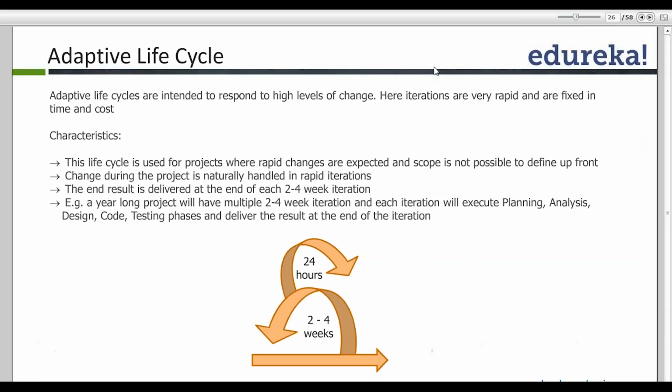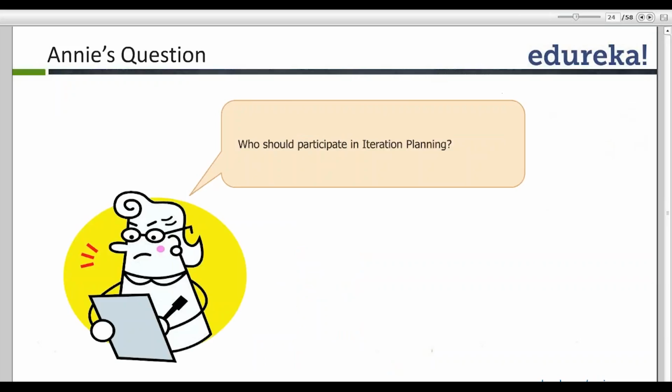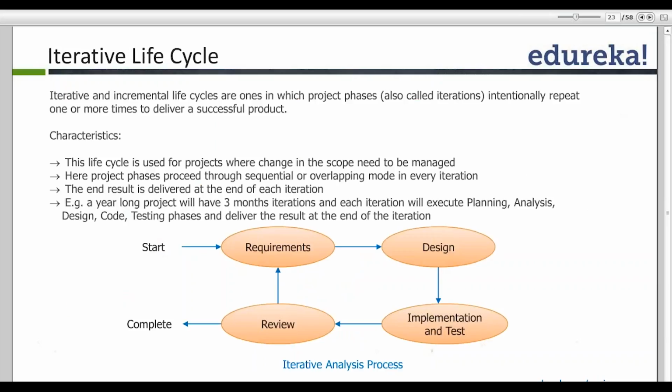The difference between iterative and adaptive life cycle is that in an iterative life cycle, my iterations are of somewhat longer duration, usually a quarter or 3 months, whereas in an adaptive life cycle, my iteration is of a shorter duration, say 2 weeks or 3 weeks. That's the major difference.